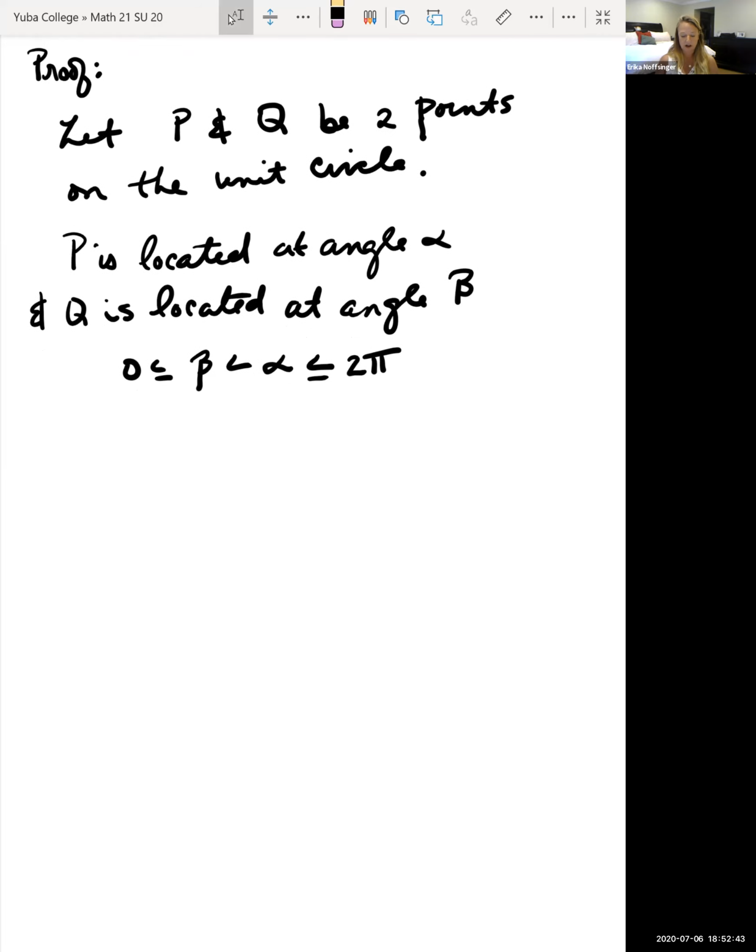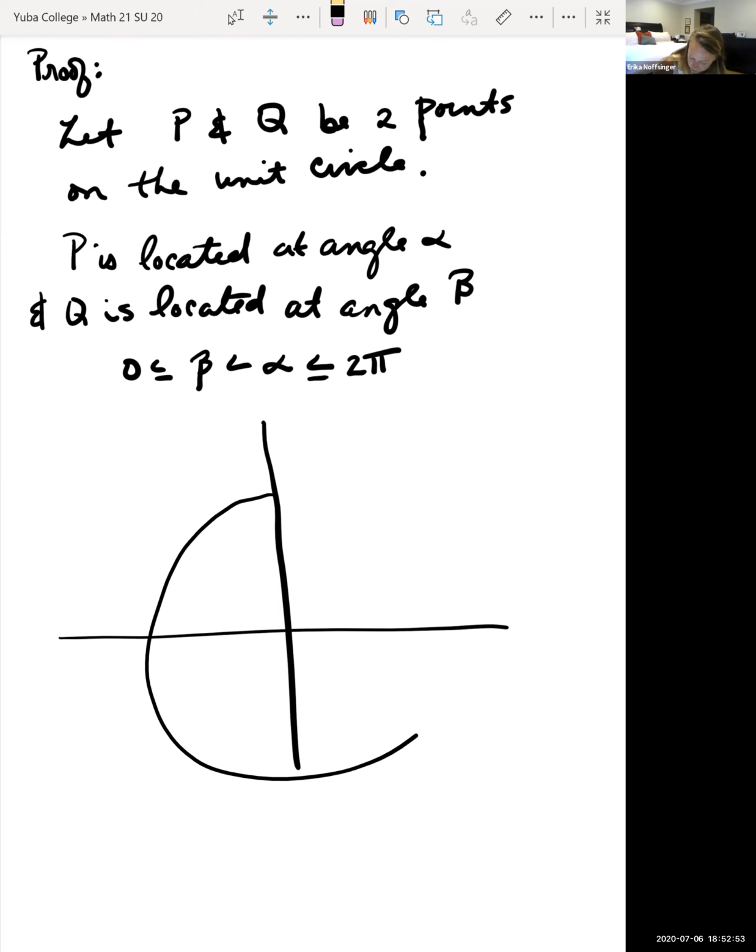Okay, so I'm just going to arbitrarily choose 2 points on the unit circle. So let's make our unit circle. We said that alpha was bigger, so let's say this was where we got to alpha.